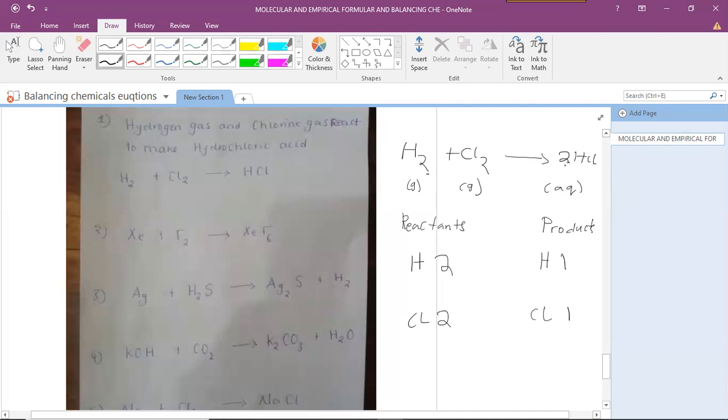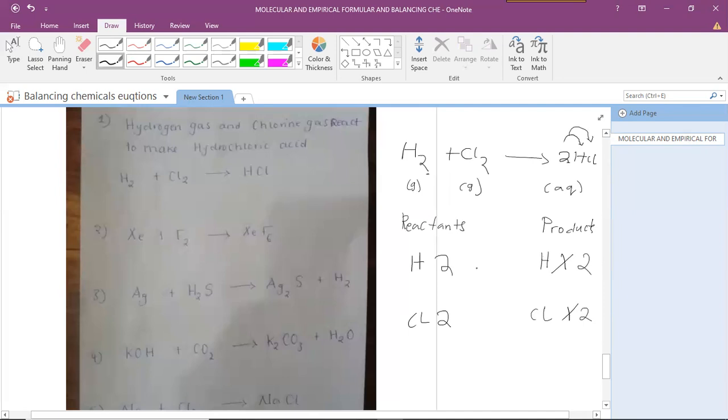So if we add this coefficient there, it's like multiplying. So this 2 means there are now two hydrogens there, and two chlorine atoms there. So by just adding these two, you cancel this and put a 2 there, and you cancel that and put a 2 there. Then you start comparing.